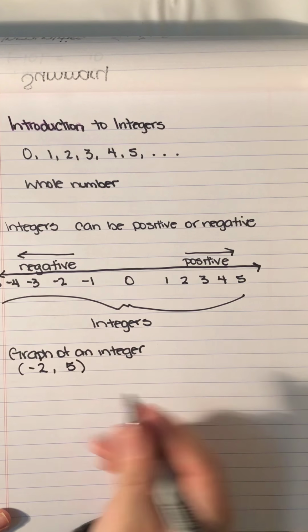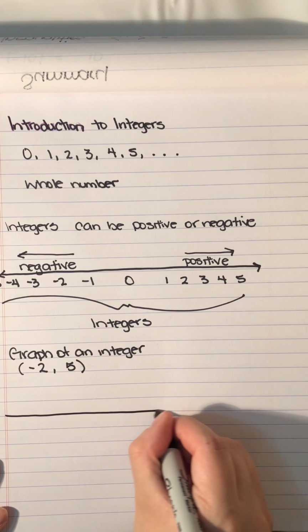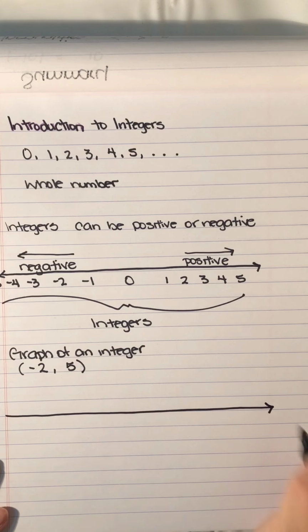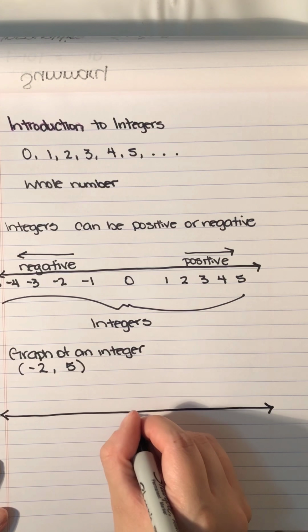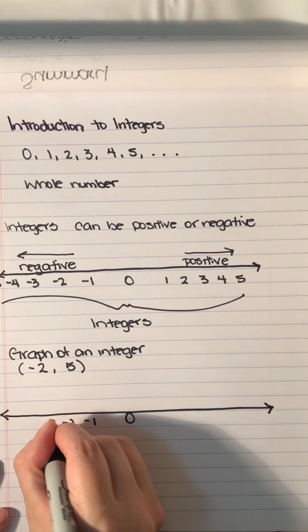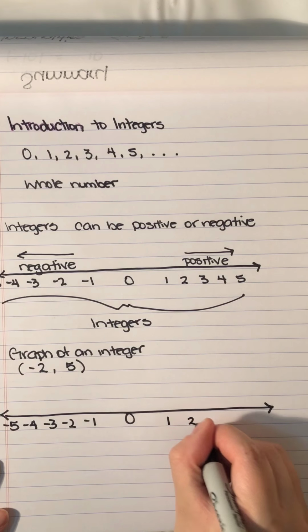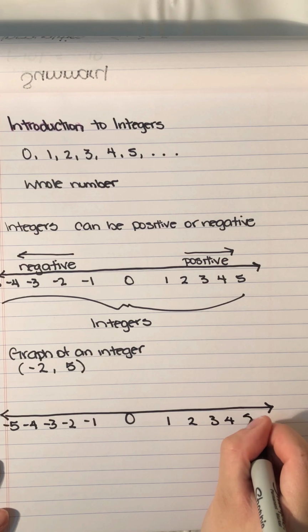Well, let's write that down first. Let's draw the number line. And remember, 0 is always our starting point, because that's how we're able to know exactly if we're going to the left or are we going to the right. Now, I know that I'm dealing with a negative number and I'm dealing with a positive number.